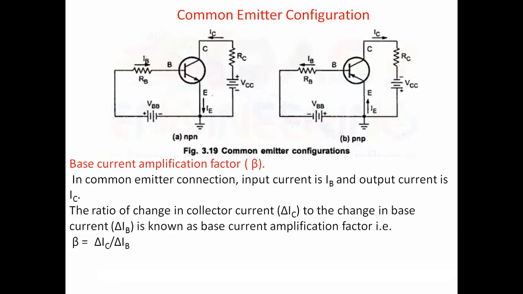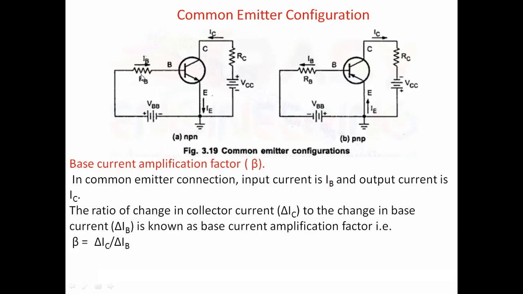There are three amplification factors: for common base it is alpha, for common emitter it is beta, and for common collector it is gamma. Amplification is nothing but gain, so here it is current gain.